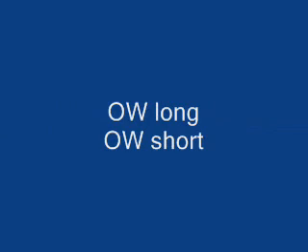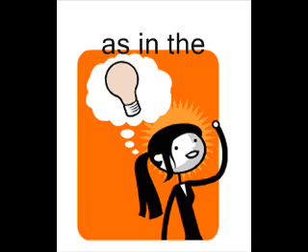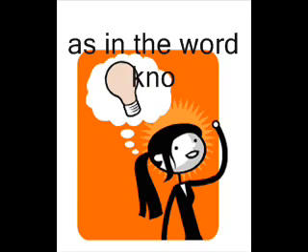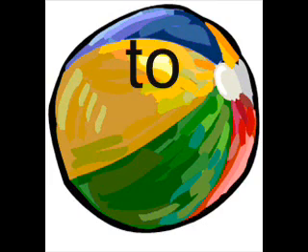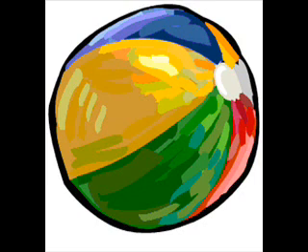Then there's OW long and OW short. OW long says oh, whereas OW short says ow. There's OI, which says oi, and also OY that says the same thing, oi.